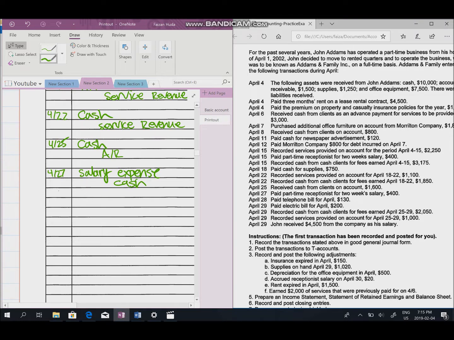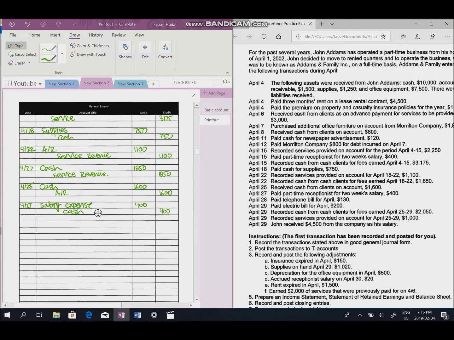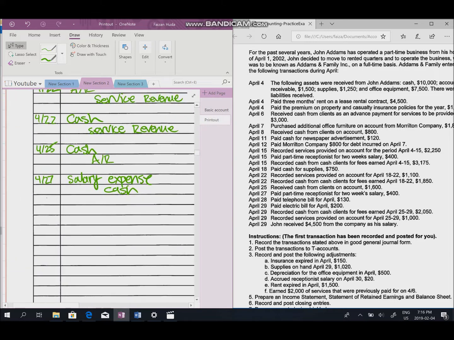So moving on to April 28, we paid the telephone bill for April. Keyword here is pay telephone bill. Whenever you pay for something, whether it's a bill or something else, it's always an expense for you.